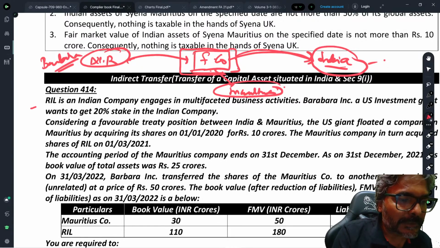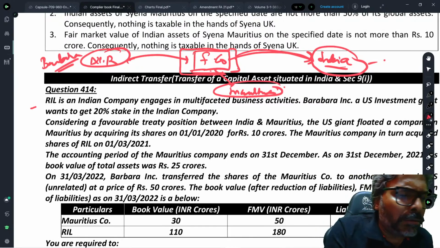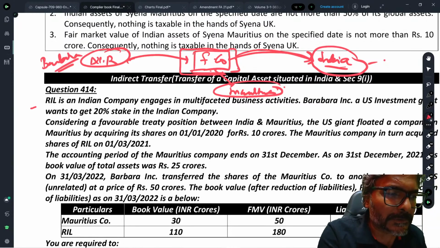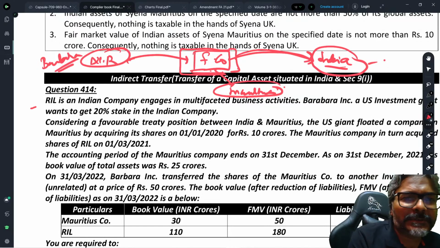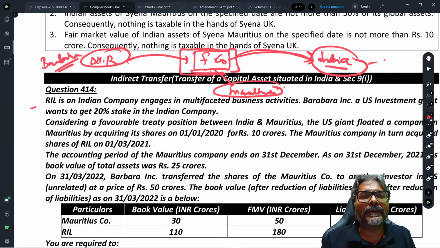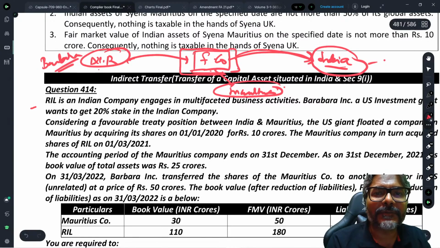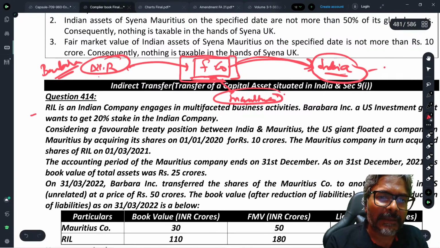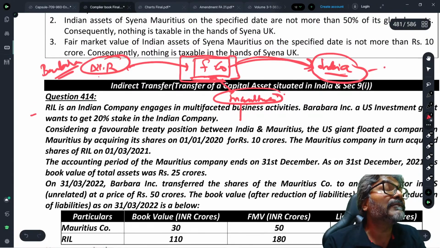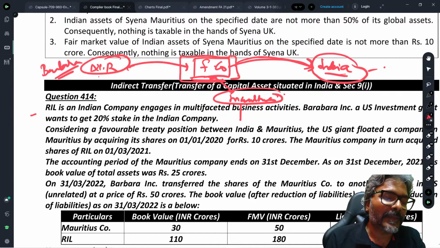Just a second, students. So here, ultimately, students, what we will have is that non-resident who is transferring the shares of FCO 1. Just always keep this in mind. FCO 1, does it derive its value substantially from the investment in India?